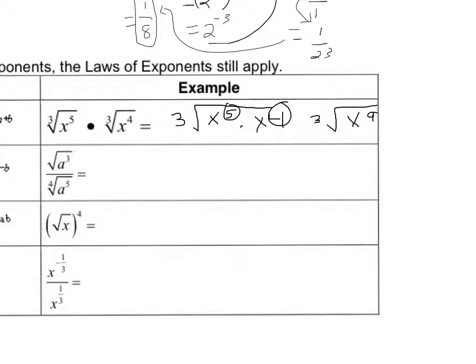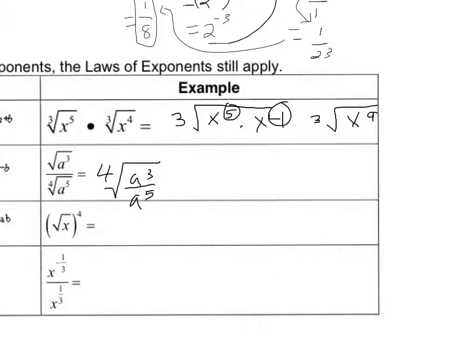For the next one, you're going to keep the 4, so it'll stay on the outside, and then the square root of a to the 3rd over a to the 5th.